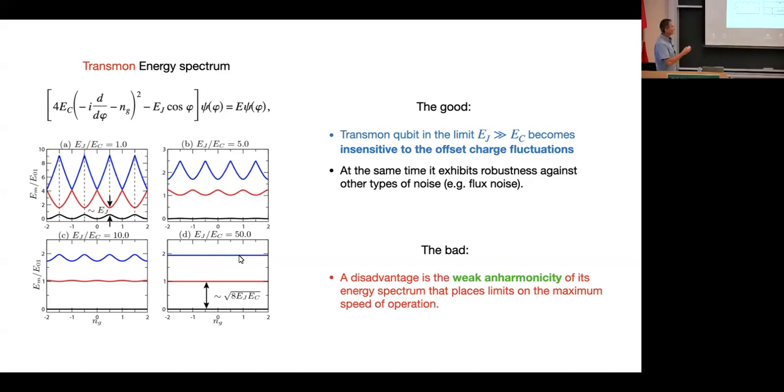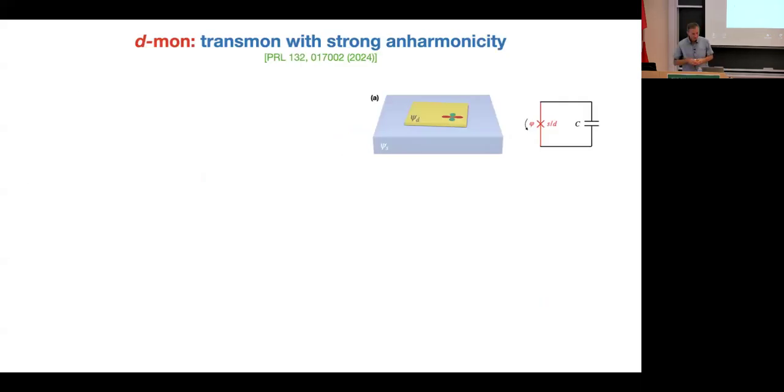So this weak anharmonicity is a problem that limits the speed at which you can operate transmon qubits. This is the issue that the proposed new transmon can solve, and let me explain how we propose to solve it.